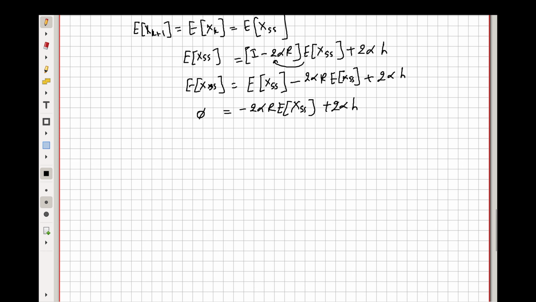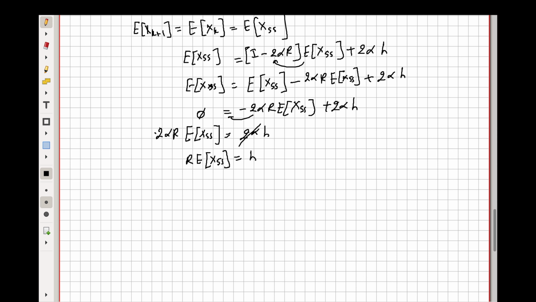Now we move the negative term over to the left hand side. What we get is 2 alpha R E of x_ss is equal to 2 alpha h, divided by 2 alpha on both sides. We get R E of x_ss is equal to h.